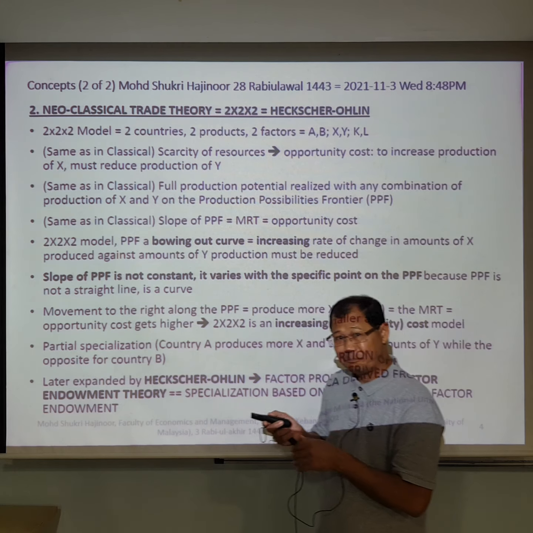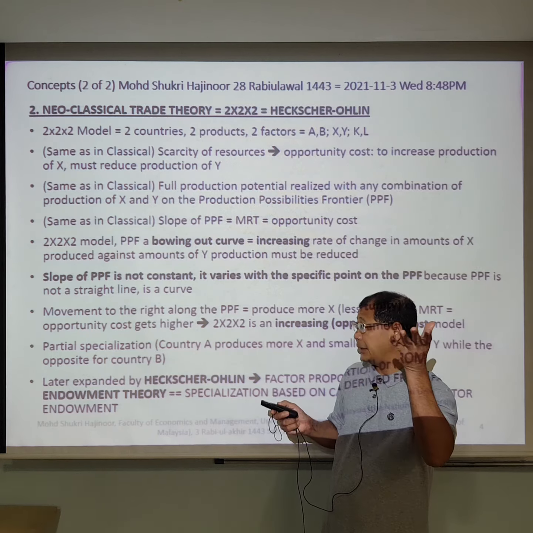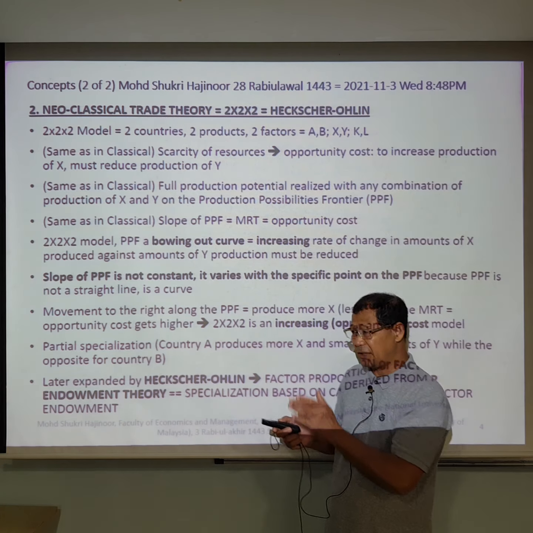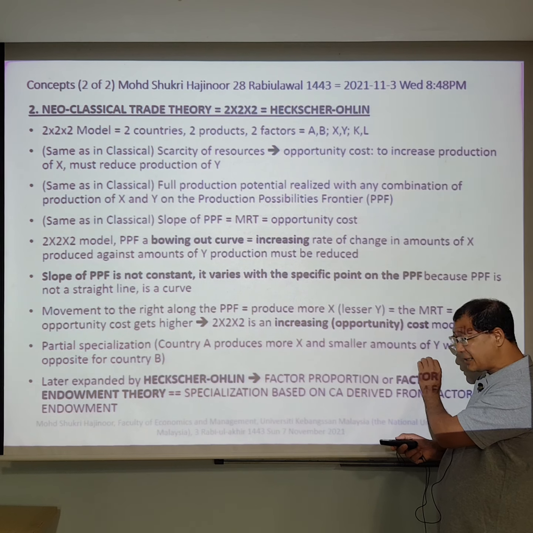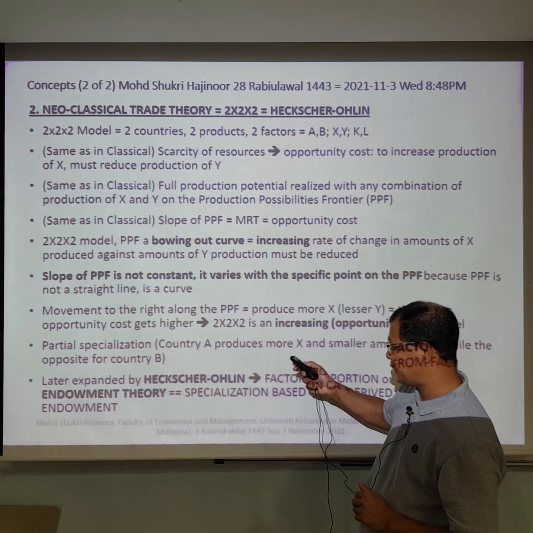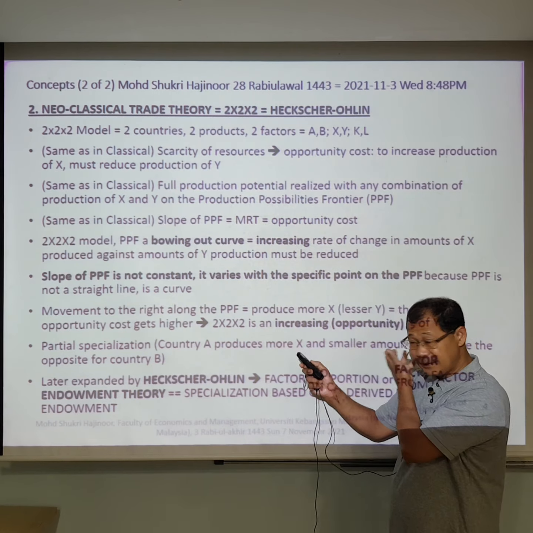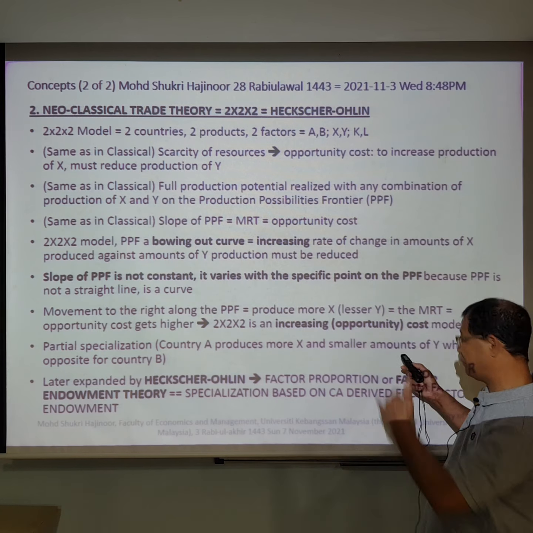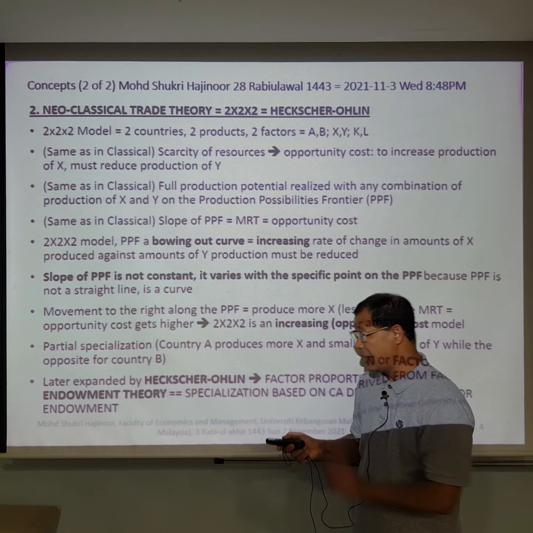In the first model, the straight line, the 2x1, it's a complete specialization, producing a maximum of X but no Y at all. But here, partial specialization. Country A produces more of X, specialized, but a reduced amount of Y, while the opposite holds for country B.